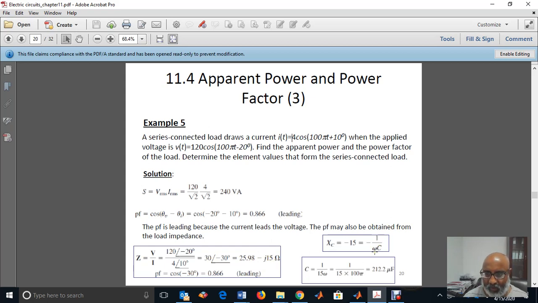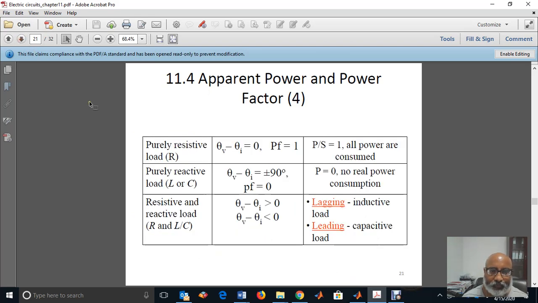So what is omega? 2 pi f. Omega is already given as 100 pi, and XC is 15. So substitute 15: 1 over 15 times 100 pi will give me 212.2 microfarad. Okay, this way we can know exactly the capacitance value.